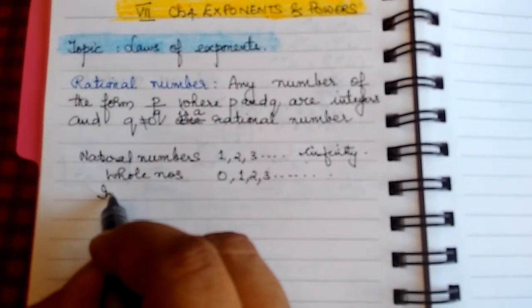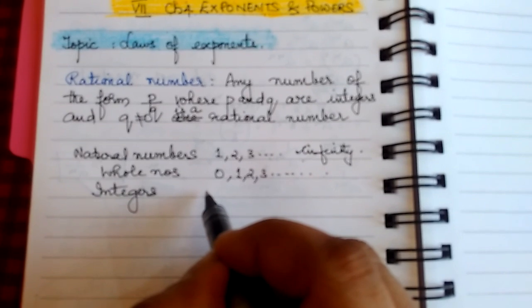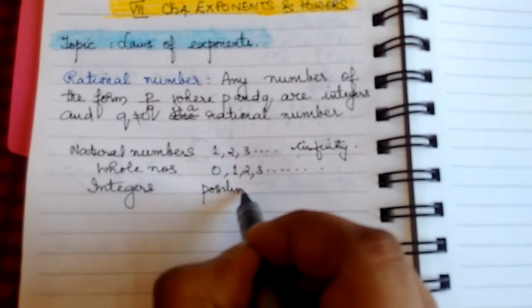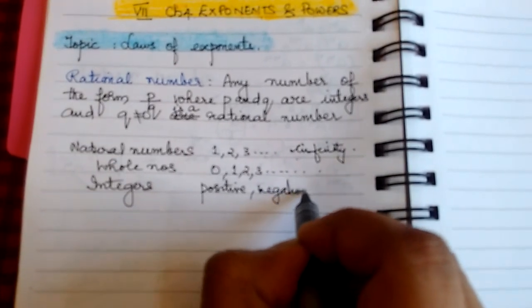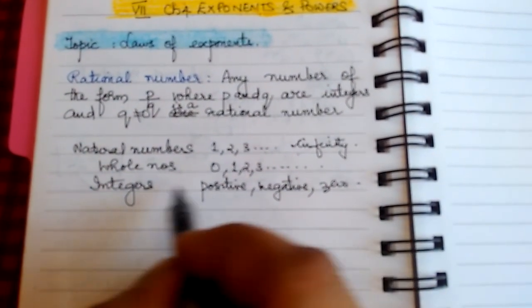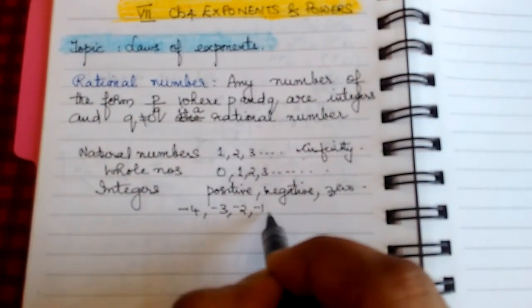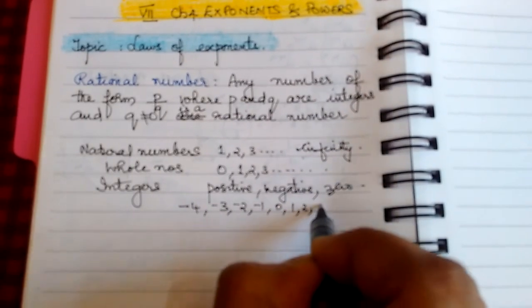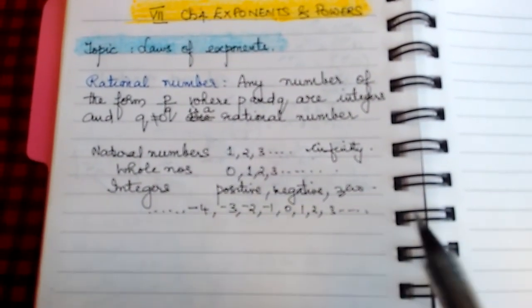Next is integers. Last year you learnt integers: positive integers, negative integers, and 0. So these are integers like -4, -3, -2, -1, then 0, 1, 2, 3, etc. Here also it goes on, so it is never ending.